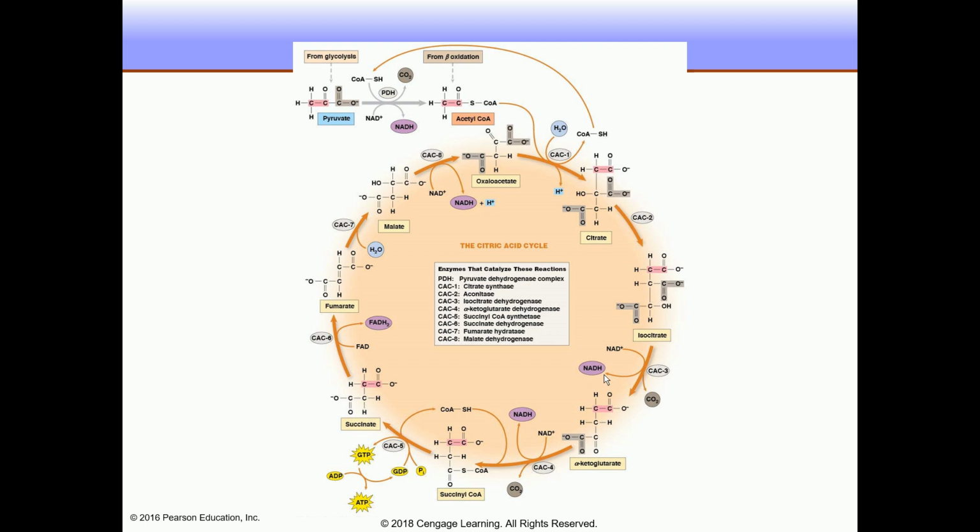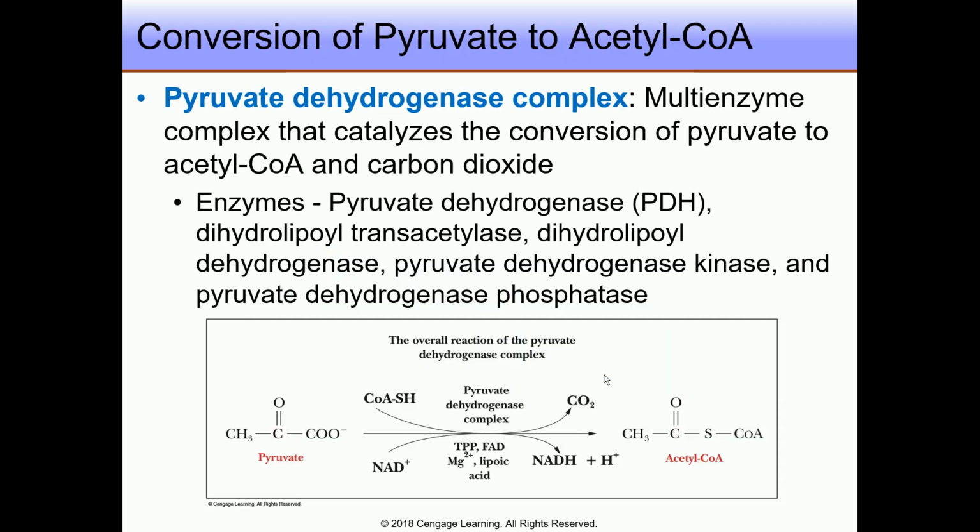Okay, so this slide shows you all the reactions of the citric acid cycle. I'm going to discuss this chapter with the help of this slide because this slide has everything, and I would just like to go over the conversion step one more time. So you can see this is pyruvate. It has 3 carbons. One of the carbons is lost as carbon dioxide.